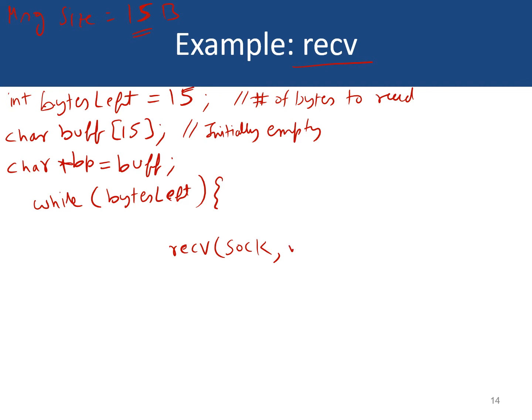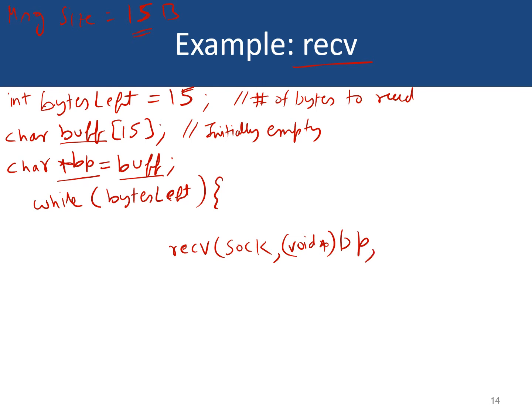Recall the second parameter is a void pointer to the buffer where we want to receive the incoming message. So we will receive it in this buffer that we have declared. So here in the second parameter, we'll pass the character pointer BP, which is initially pointing to the beginning of the buffer, and we are typecasting it to void pointer.